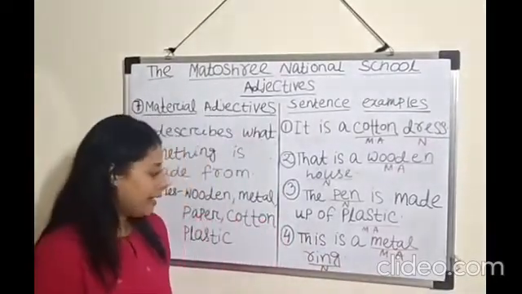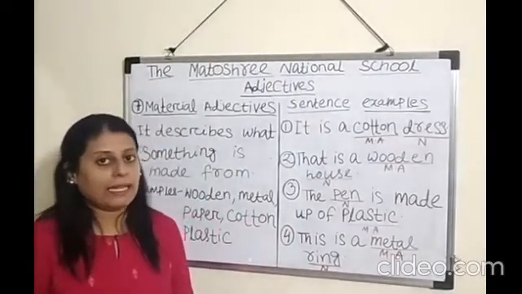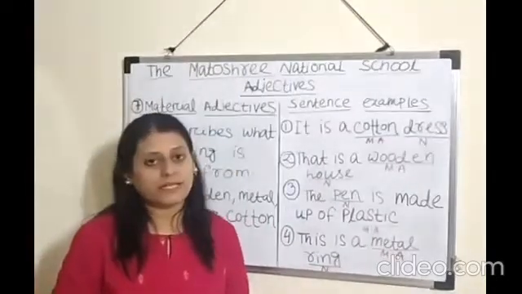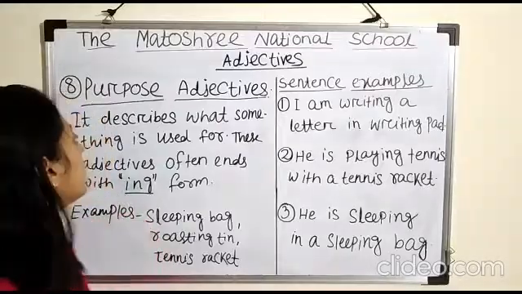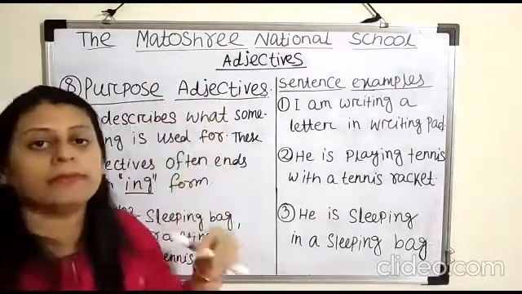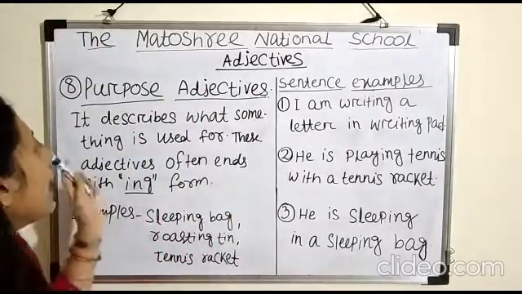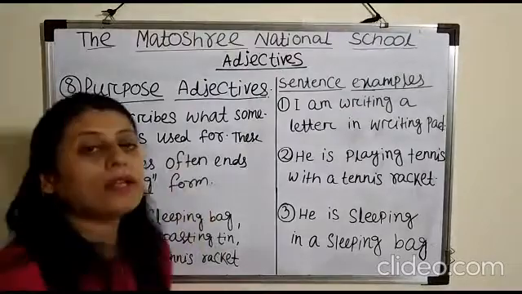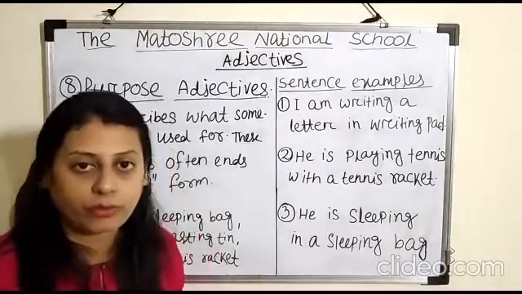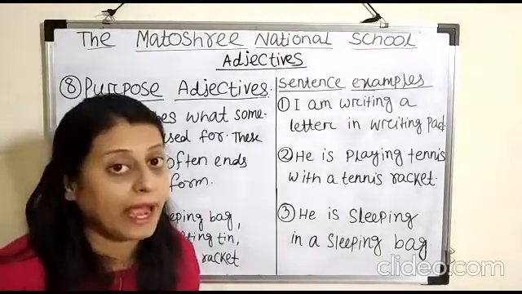Now we will discuss the last type of adjective, and that is purpose adjectives. Its definition is, first, it describes what something is used for. What is the purpose behind it? What is the reason behind it?